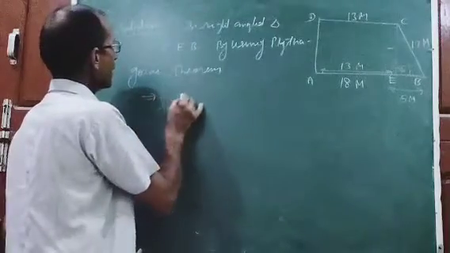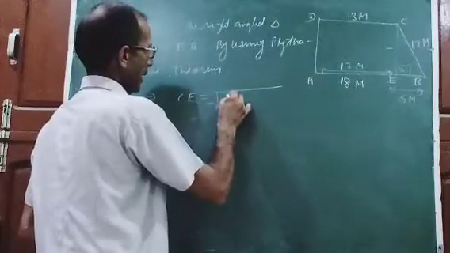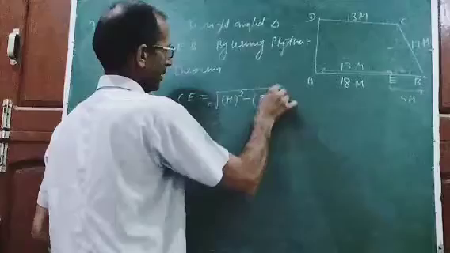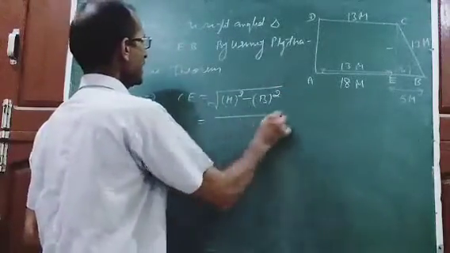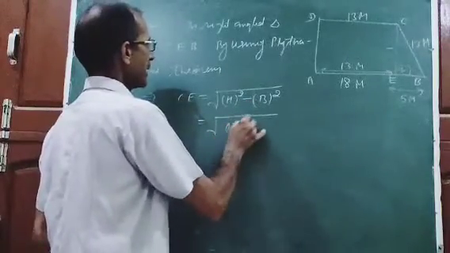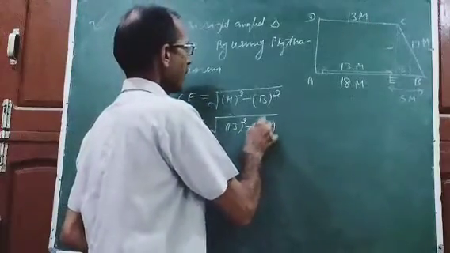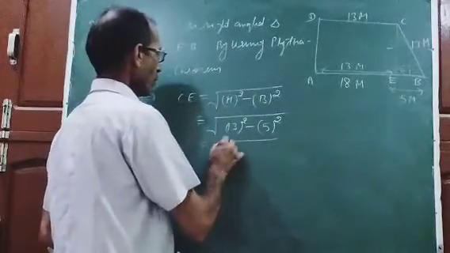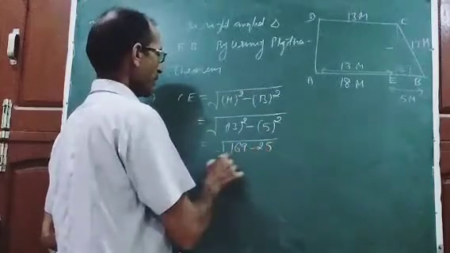So CE will be equal to the square root of h square minus b square. H is 13, so 13 square minus b square, b is 5, so 5 square. 13 square is 169. 5 square is 25.